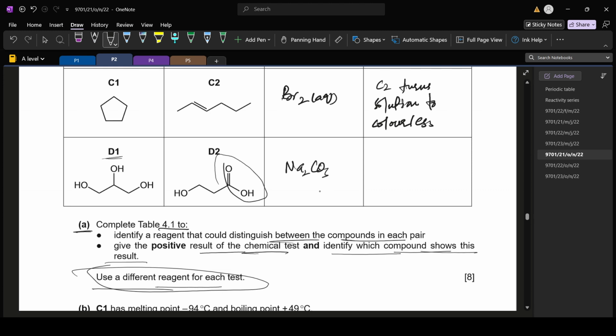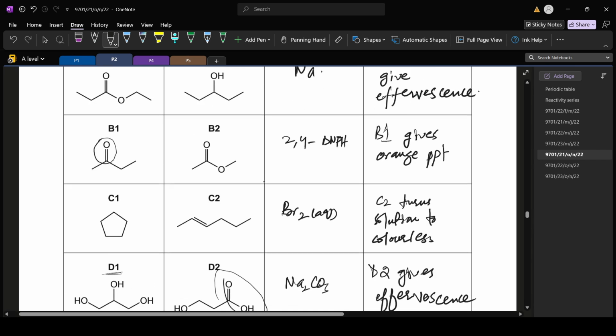So the carbon dioxide will be released with D2, sorry, D2 gives effervescence.